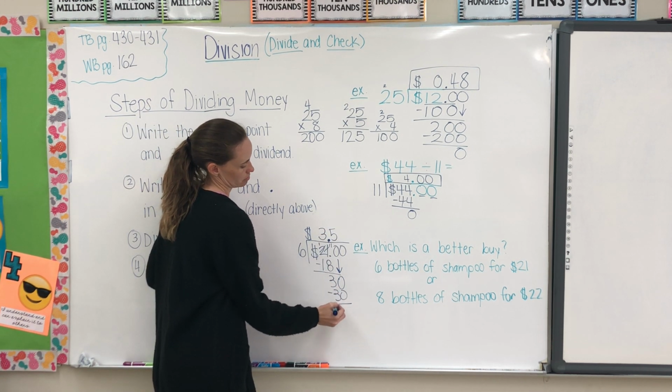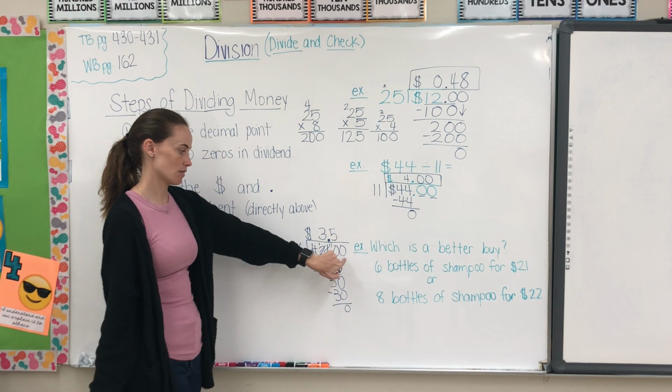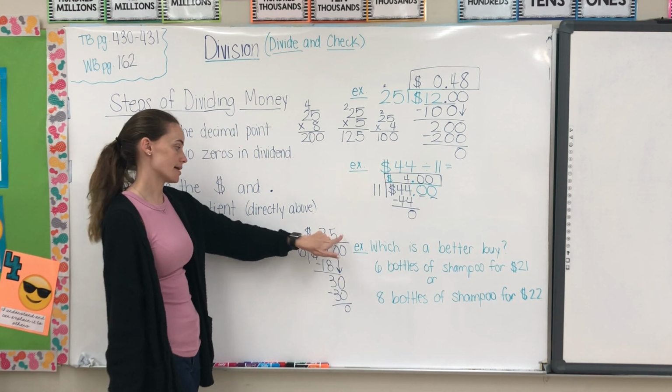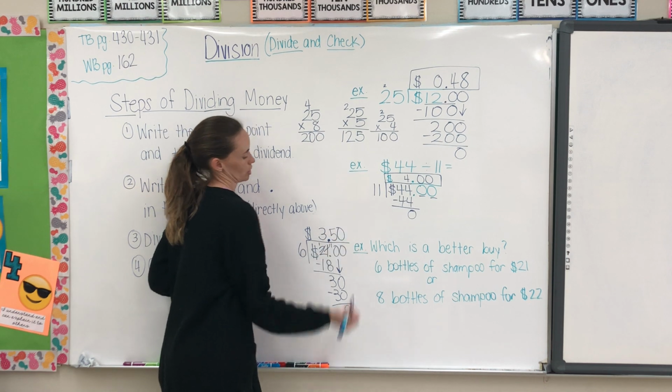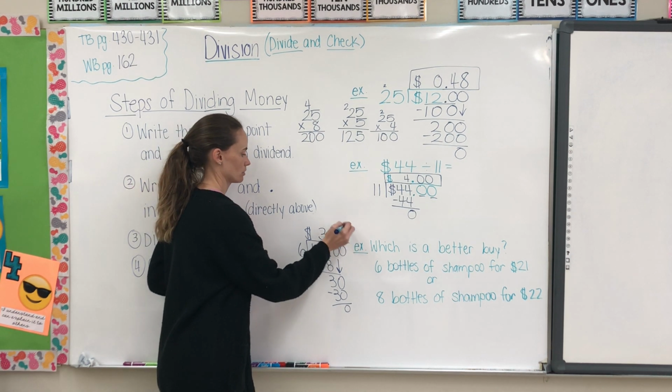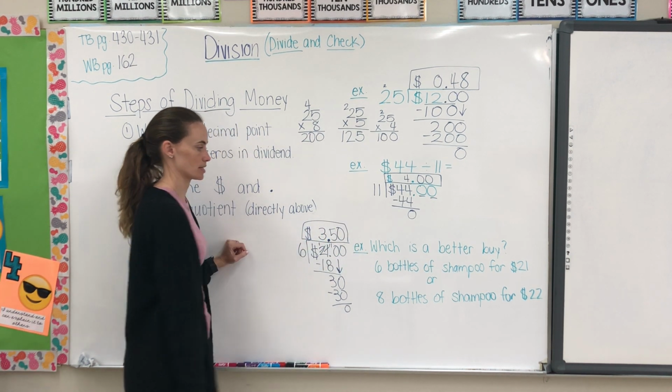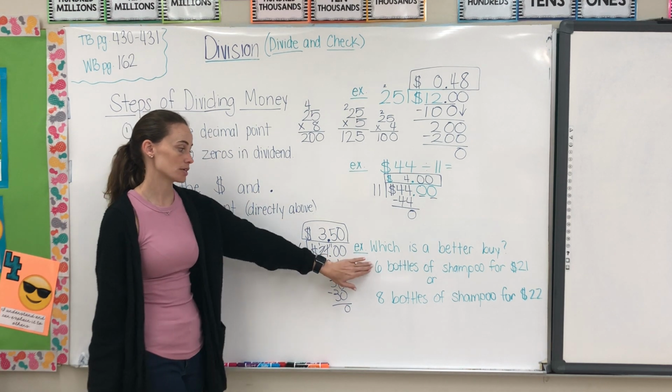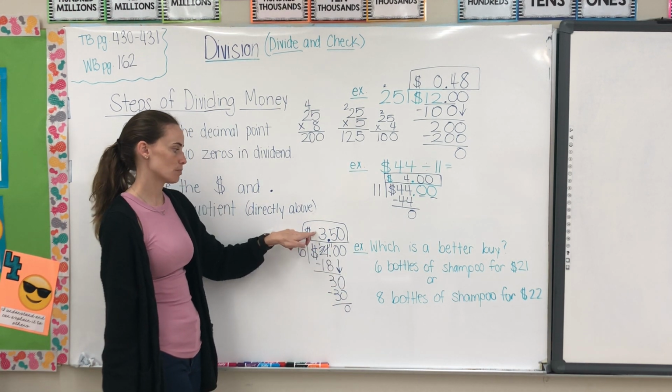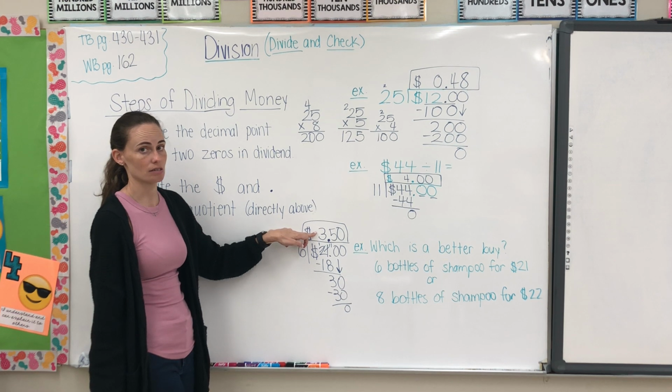We subtract. We get 0. Now we still have a 0 left, so we need to add that to our quotient. So the answer for that would be $3.50. That's telling us that for this deal, each bottle of shampoo would be $3.50.